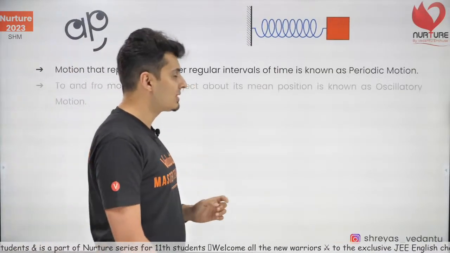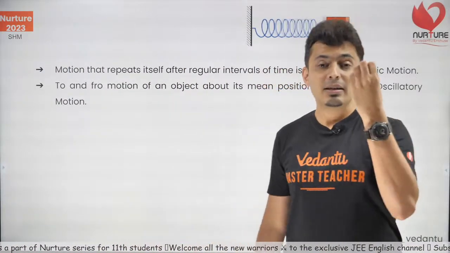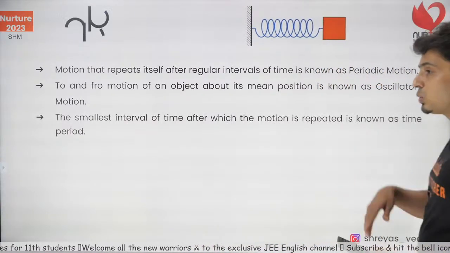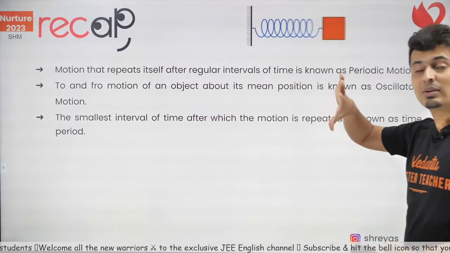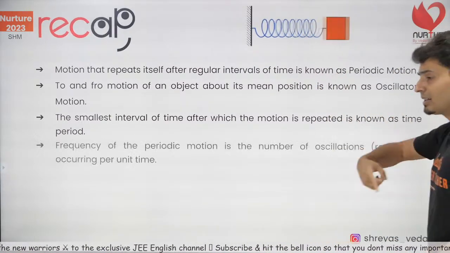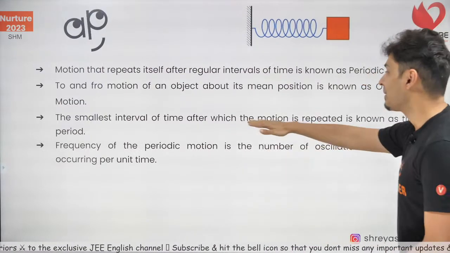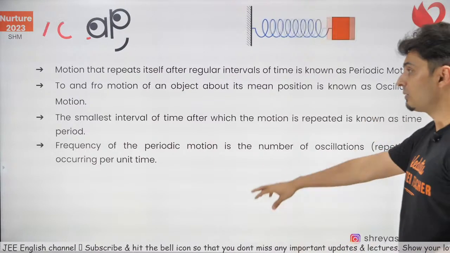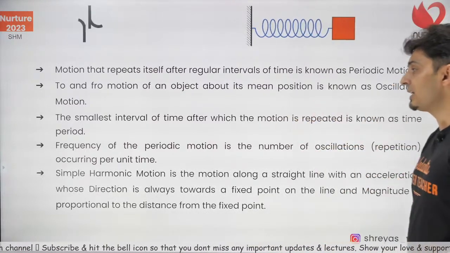A quick recap. What was simple harmonic motion? It was a special case of periodic motion, and oscillatory motion is nothing but to and fro motion. There is a difference between periodic and oscillatory motion, like I have mentioned before. The time after which the motion repeats itself is called the time period, and that's the smallest time interval. Frequency is the reciprocal of the time period.